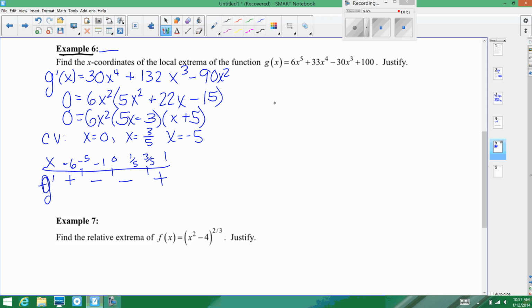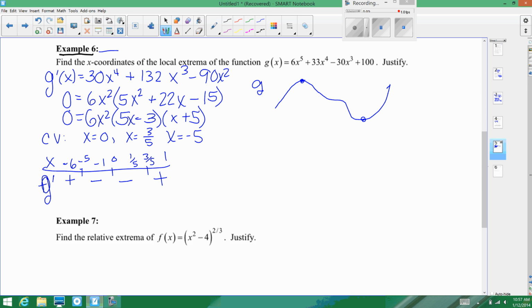So if we analyze that, remember, if we were going to draw a quick little sketch of g, what we're saying is that the function's increasing until -5, then it decreases, and then it continues decreasing, and then it increases again. So we're going to have a relative max and a relative min here.